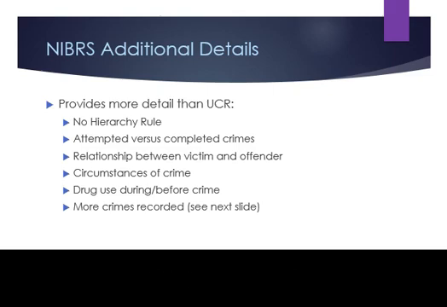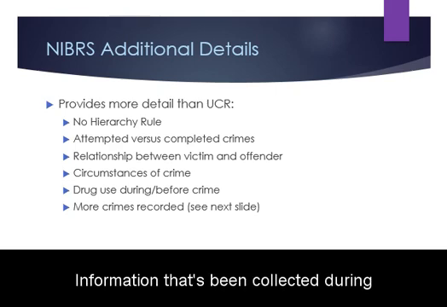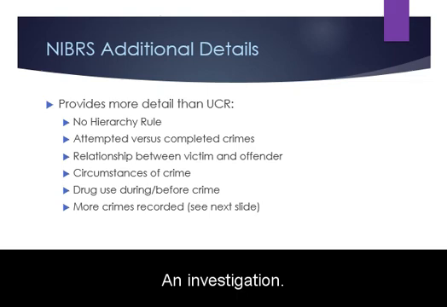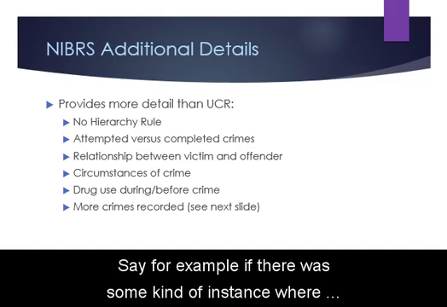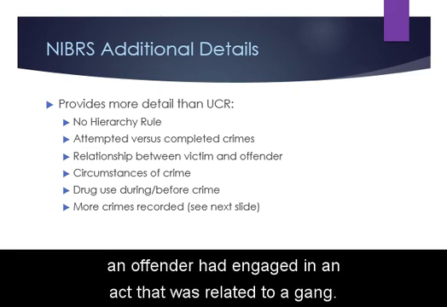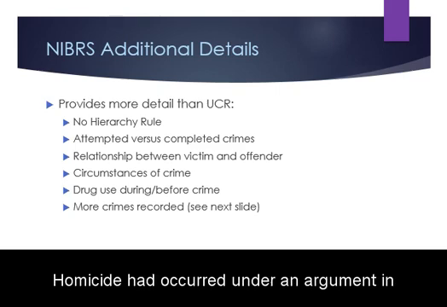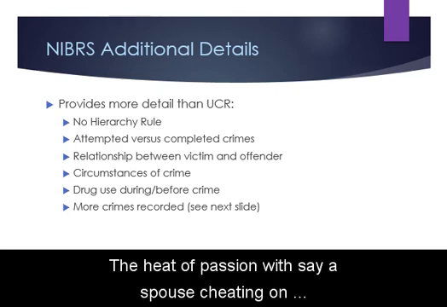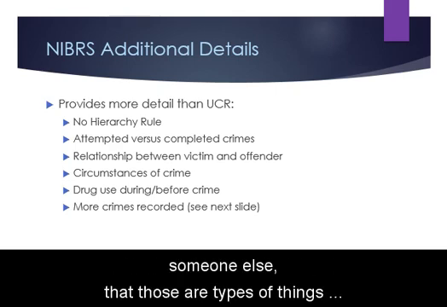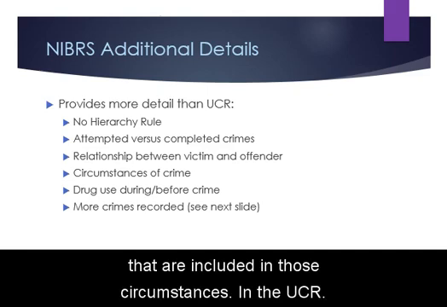That could be related to the actual information collected during an investigation, for example, if an offender had engaged in an act that was related to a gang, or if a homicide had occurred in the heat of passion, say a spouse cheating on someone else. Those are types of things that are included in those circumstances.